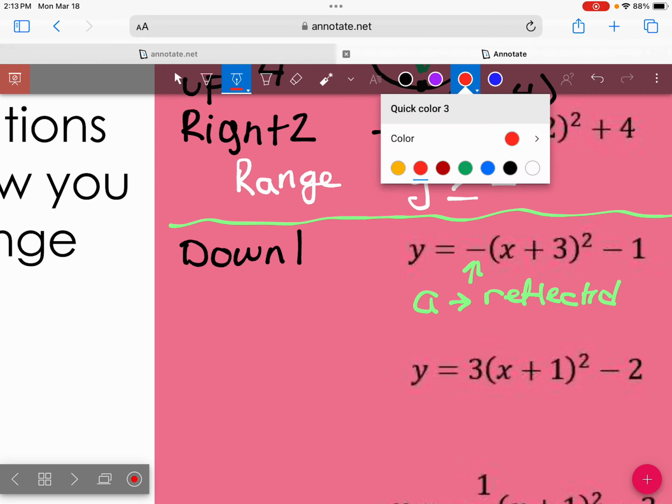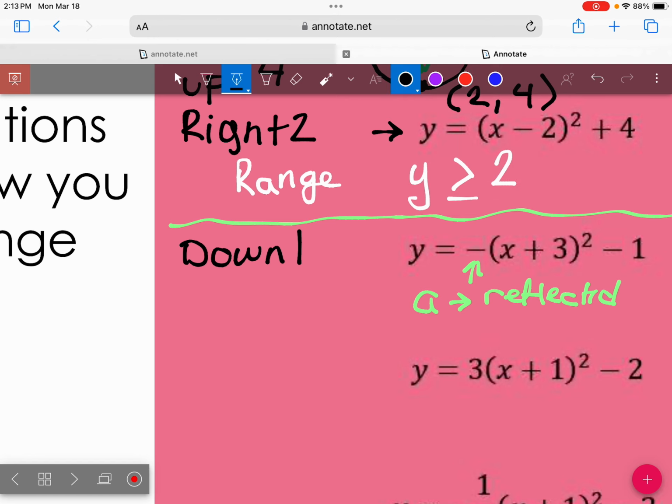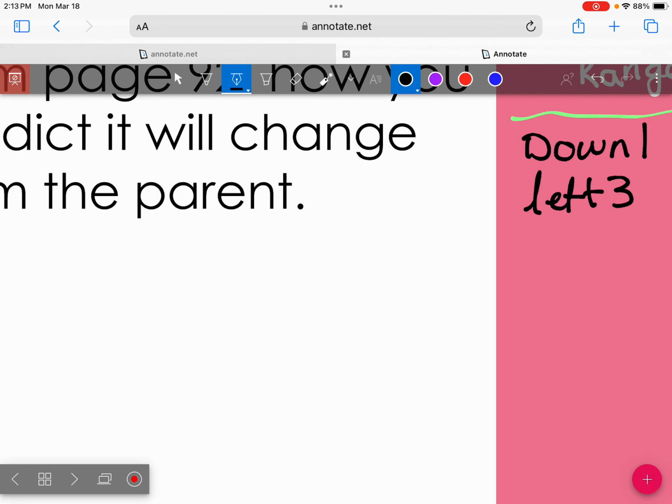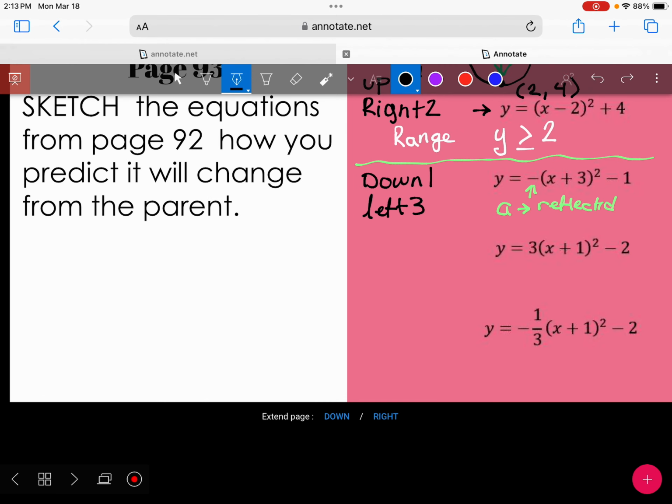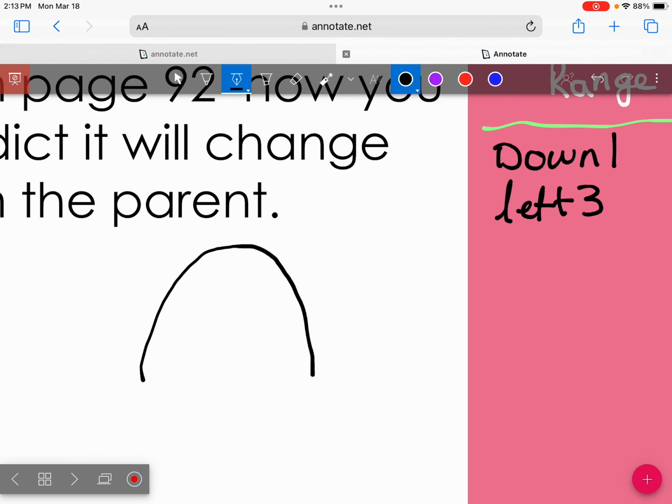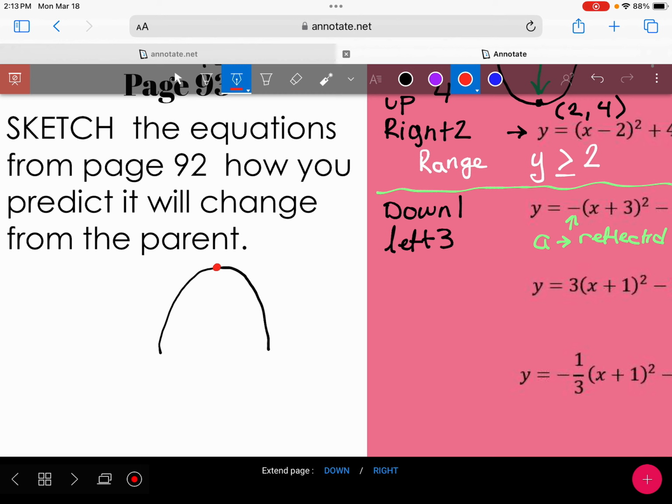What's my h telling me? Left 3. So I know it's been reflected, so we have a frowny face, a concave down parabola. And my vertex, (h, k), is at (negative 3, negative 1): left 3, down 1.